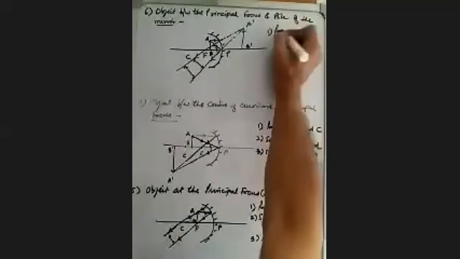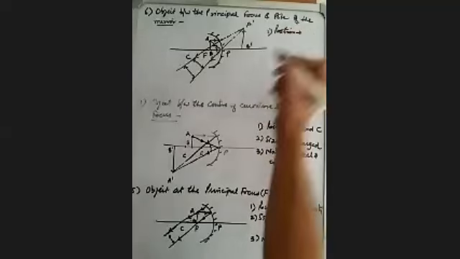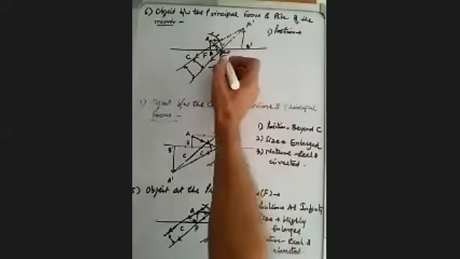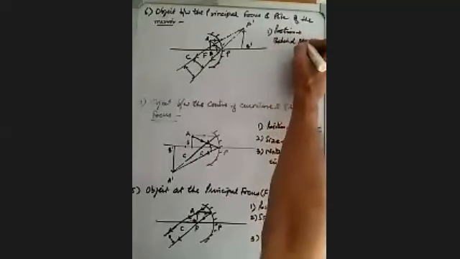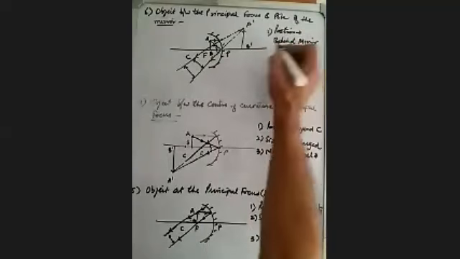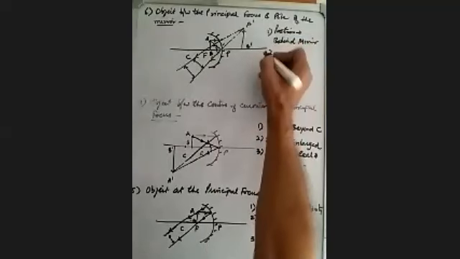So what we infer from this, what is the result? The position of the image. You can see it is behind the mirror. So position is behind the mirror, on the other side of the mirror. And the second is the size.